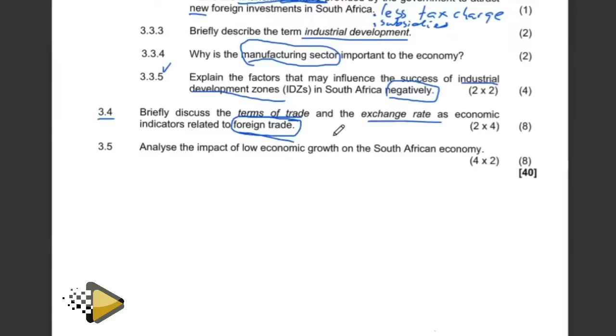Okay, right. When we talk of the exchange rate, in order for foreign trade to be a success, the currencies, one compared to the other, should be powerful currencies.